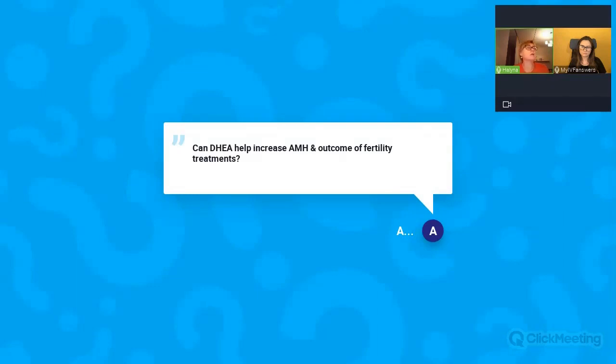But afterwards, scientific works did not show a very important influence of DHEA on follicle number, and now it is mostly transdermal testosterone that is proposed for that. And it seems that it is working better than this molecule.